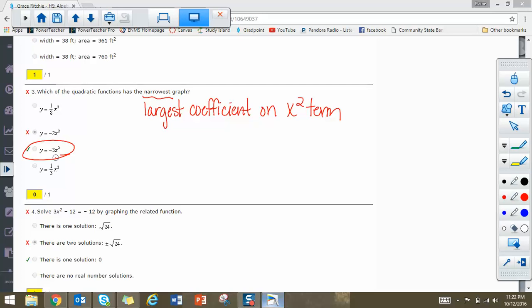Negatives and positives don't matter, because all the negative means is that it opens downwards like this. So again, the largest coefficient is going to be the narrowest graph. The opposite of that would be that the smallest coefficient would be the widest graph. So something like a really wide parabola that would graph like that.